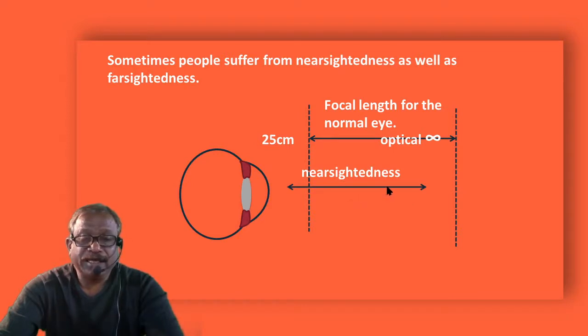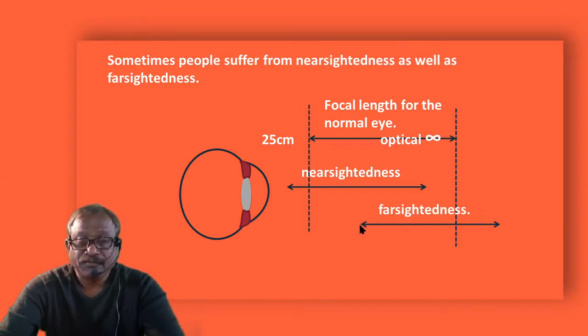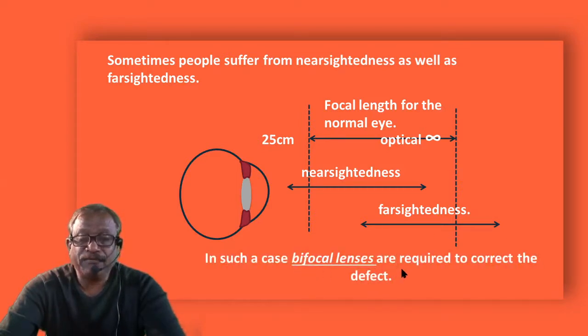Now, in nearsightedness, the far point is shifted towards the eye, and in farsightedness, the near point is shifted away from the eye. In such a case, bifocal lenses are required to correct the defect. So here, the person cannot see the object at long distance and also the object at short distance. So in this case, bifocal lenses are required.